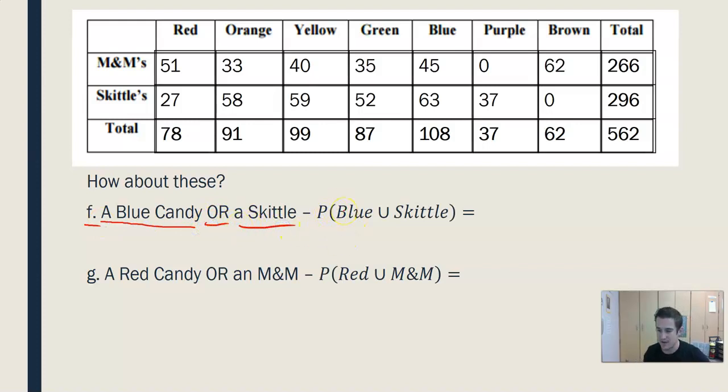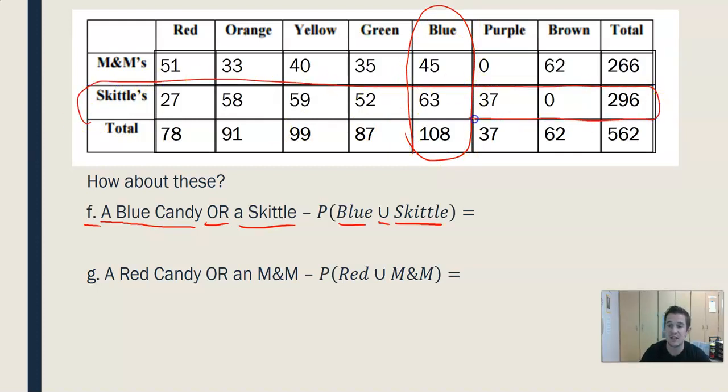The way that I would write that in probability set notation is the probability of the set of blue candies unioned with the set of Skittle candies. Remember that a blue candy or a Skittle candy is all the possible blue candies or all the possible Skittles. So here's all my blue candies, here's all my Skittles.